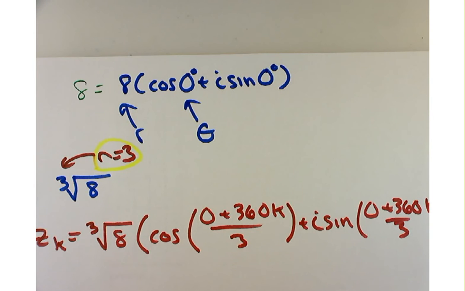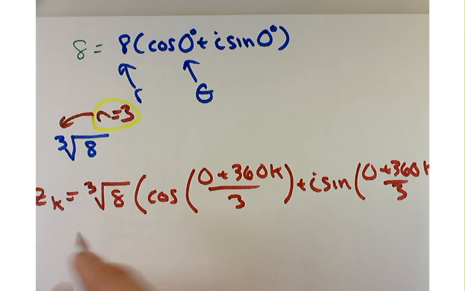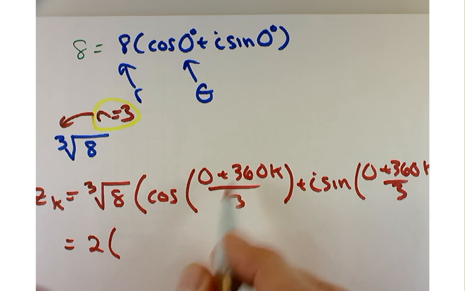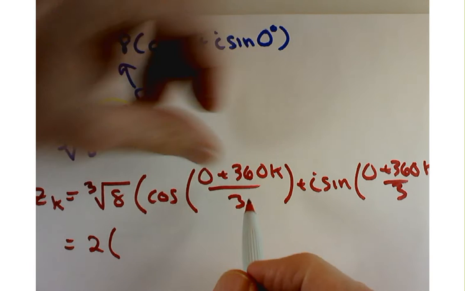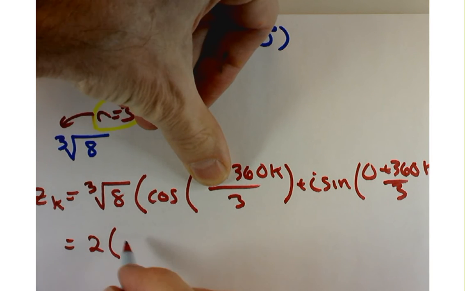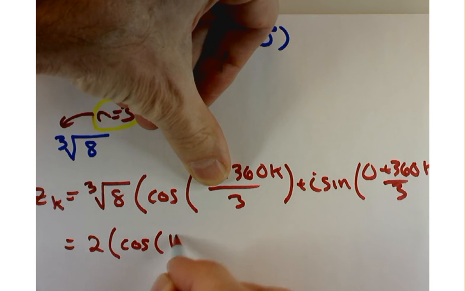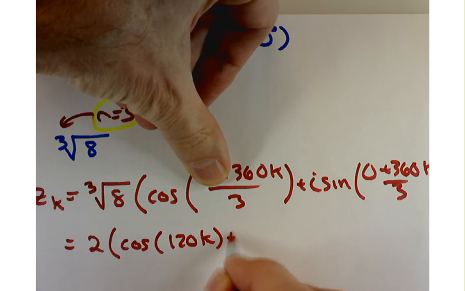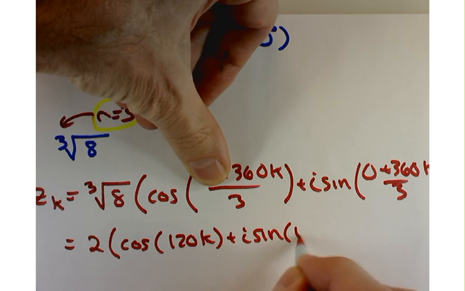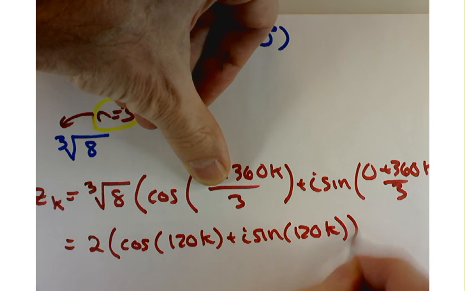Got everything. Now, let's simplify this a little bit before I start putting in different values for k. The cube root of 8 is 2. 0 plus 360k, well, it's really 360k over 3, or cosine of 120 times k, plus i times the sine of 120 times k.